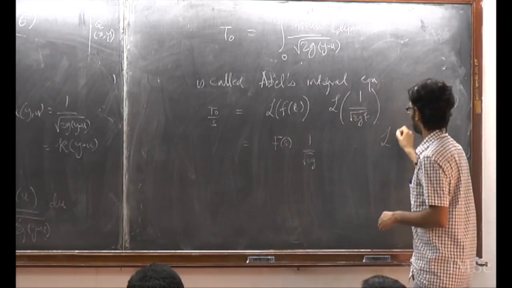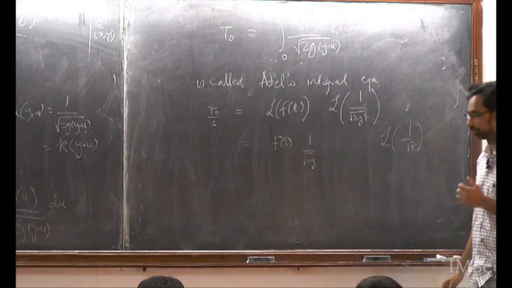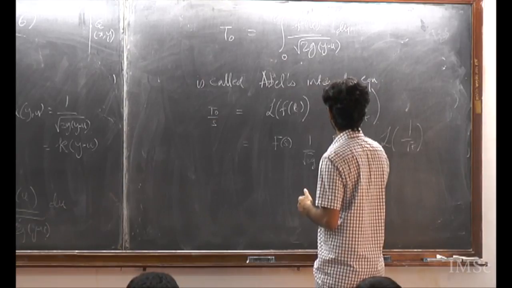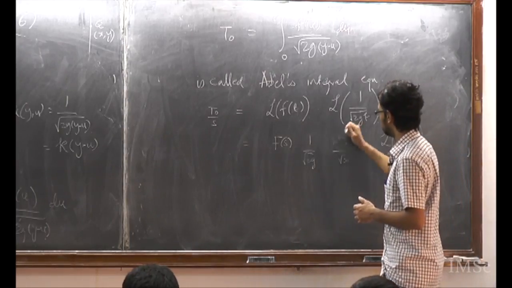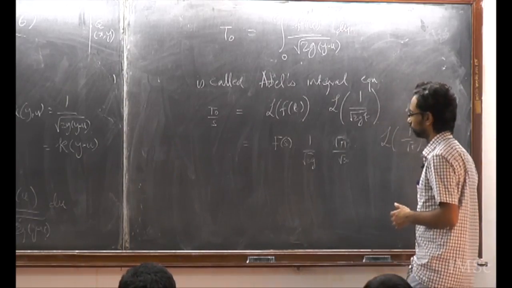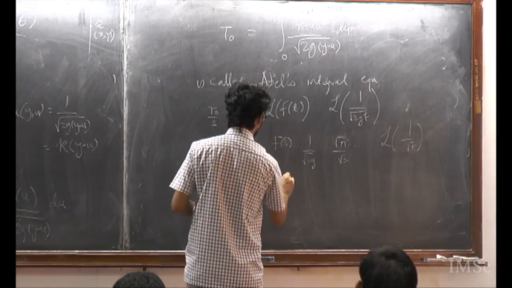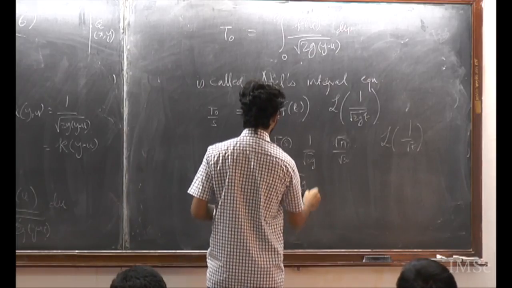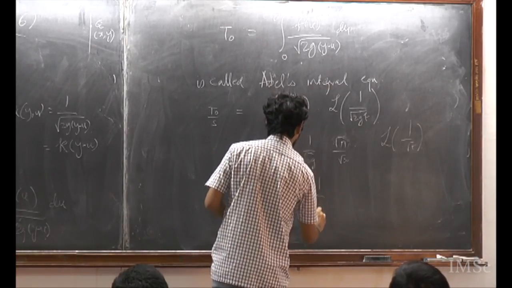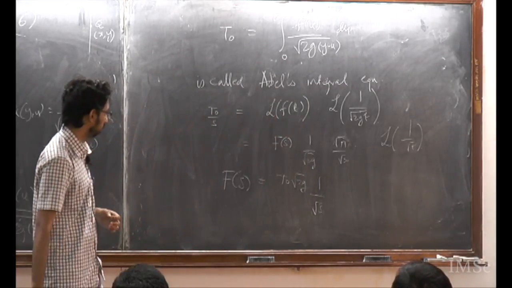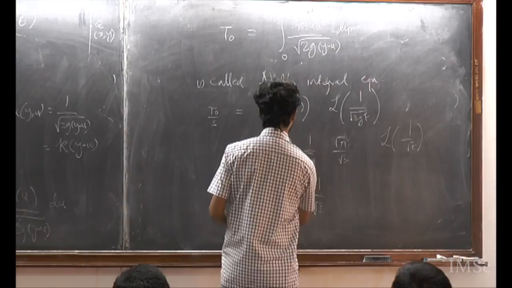Do you know what is the Laplace transform of 1 over root t? This is gamma half over root s. Gamma half is root pi. So f of s is equal to T naught root 2g root s over s, so this is 1 over root s, and there is a 1 over root pi.